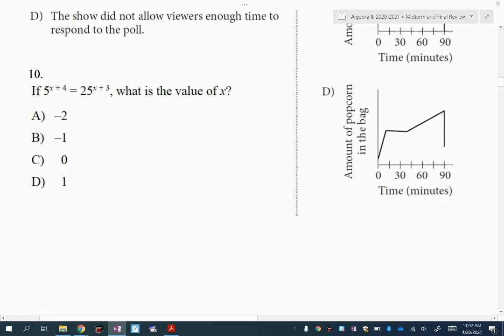Okay, number 10. The way we've talked about solving exponential equations is to first try to write them with the same base. So I'm going to write 5^(x+4), just copy that down, but I'm going to rewrite 25 as 5 squared. And when I do that, I get a power to a power, which is going to be 5^(2x+6). You multiply the 2 times the x and the 3. Don't forget the 3.